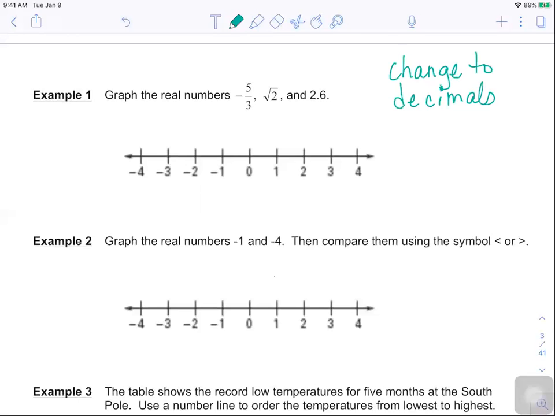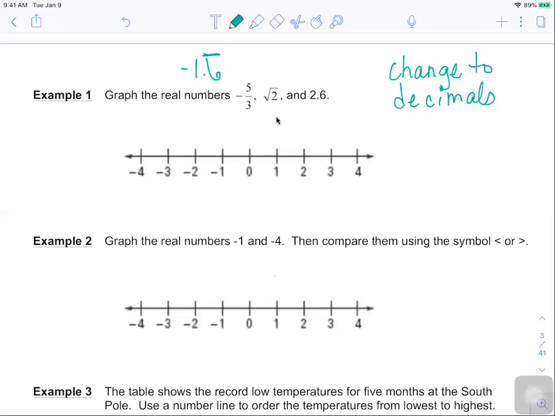So somebody with a calculator, the first number we have is -5/3. Can somebody tell me, putting that number in your calculator, what does that become as a decimal? -1.6 repeating. Thank you, Michael. And he said repeating. So that means it's going to go on forever and ever. So that's a fraction that can be written as a decimal, or a decimal that can be written as a fraction. The next one, what is the square root of 2? Again, put that in your calculator.